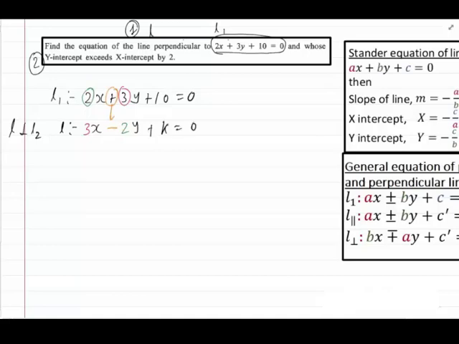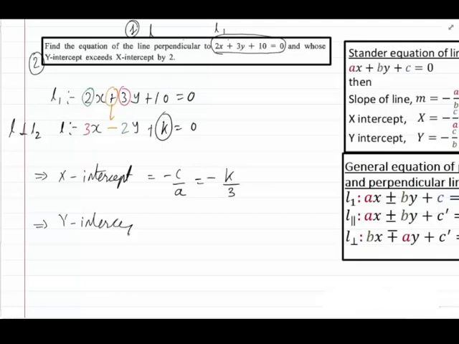We just need to find the value of k to get our final answer, right? And this k will be found using the second condition. Now, to use the second condition, we are going to need the x-intercept, which is minus c by a, or we can say minus the constant term upon the coefficient of x, which is 3, right?